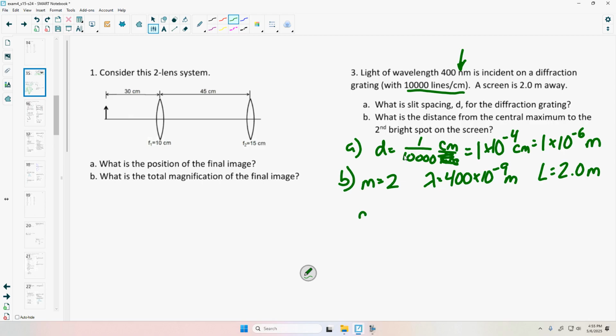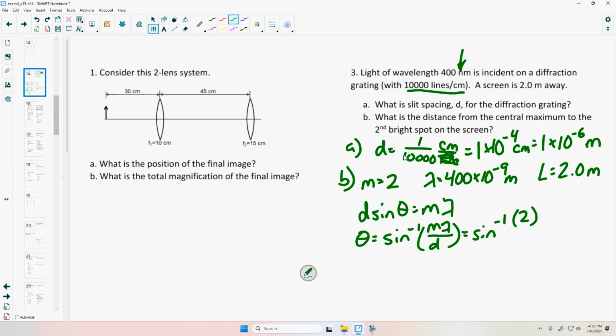So 2 steps. I say that d sine theta equals m lambda. So I'm looking for theta here, inverse sine of m lambda over d. Inverse sine of 2 times lambda, 400 times 10 to the minus 9, divided by d, which is 1 times 10 to the minus 6.